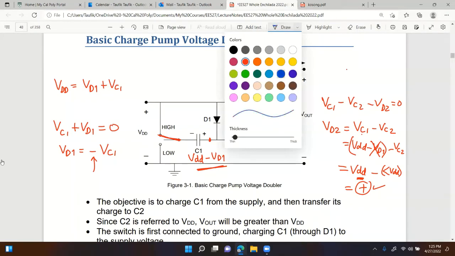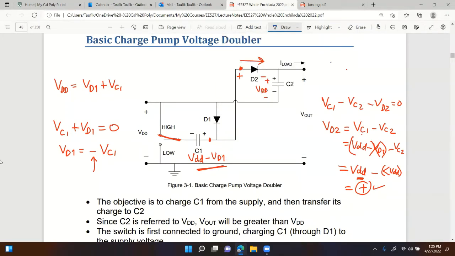Maybe that's easier to see. The first loop that I used is this small loop right there. That's how I explain it over here. Not that straightforward, but let's try a different loop. Let's see if that's more straightforward to explain why D2 is forward bias.